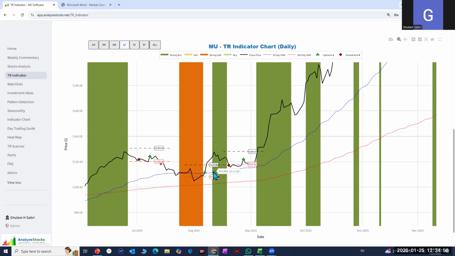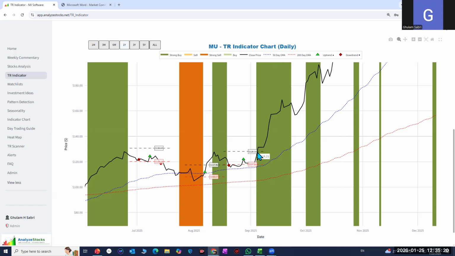Now we could have taken higher risk and entered here or even here, but the first stage is always a bit dicey. That's why we suggest being on the more conservative side, going only when the buy point is touched, the green zone starts, and we are within 5% of this buy point.